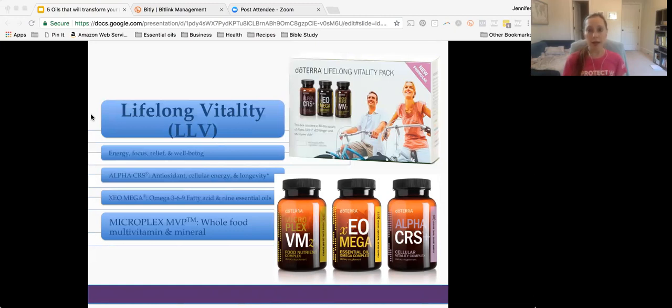I highly advise that people implement a vitamin protocol: a whole food based, super high quality multivitamin and mineral, a really good quality, pure essential fatty acid complex, that's your fish oil, your omega-3s, and then a food-based antioxidant complex to help address the oxidative damage going on in the body, drive down inflammation, and support and heal the body at a cellular level. This is like fertilizing the soil, right? This is setting a good foundation.